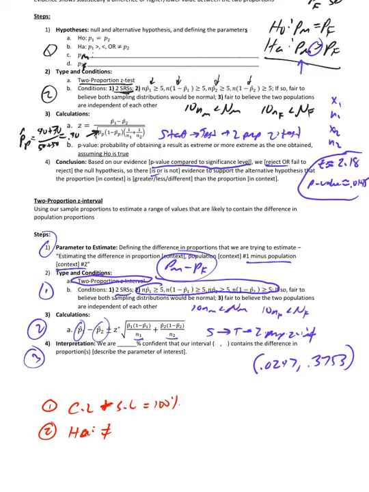So in this case, it didn't work out that way because our HA was greater than, but we did find in our interval, at least, that there was evidence that males sped at a higher rate. And we also found in our test when we rejected that males speed at a higher rate. So it did work out here, but you got to be careful using them interchangeably if we don't meet these two criteria. Then there could be little dead spots where the conclusion is different between the interval and the test.